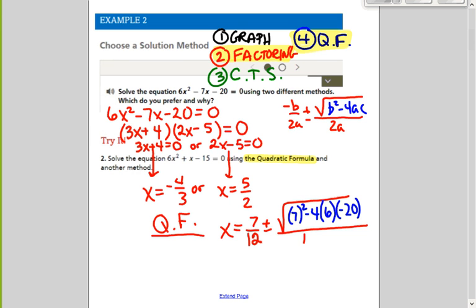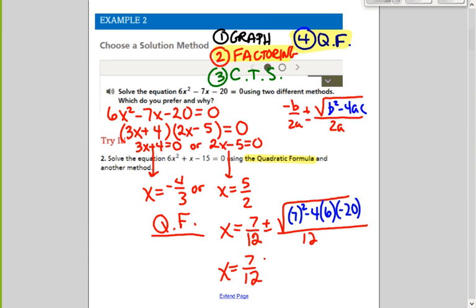Divided by 12. Whatever you have in this denominator, you're going to have in that denominator because they're both 2a. Okay? So let's see what we get in blue there. 7 squared is 49, minus, let's see, 4 times 6 times negative 20.